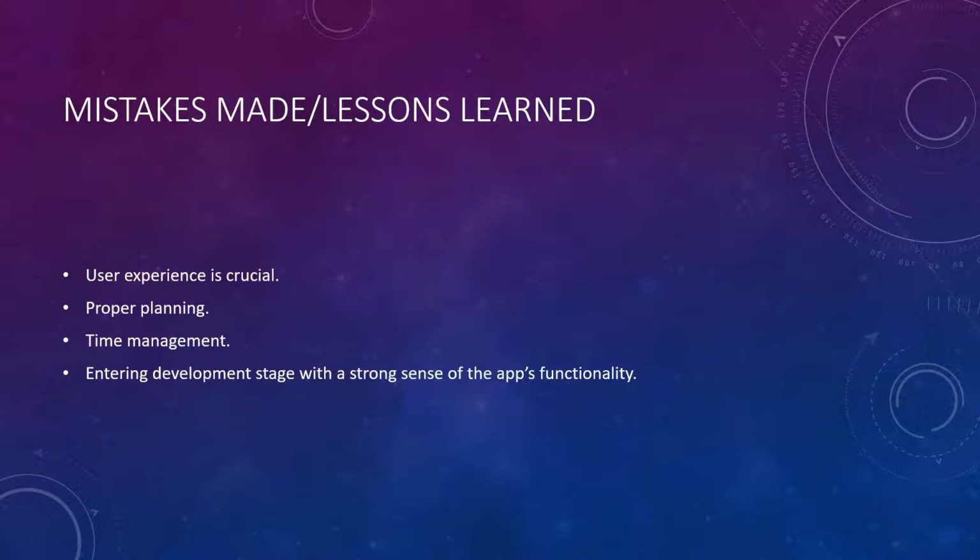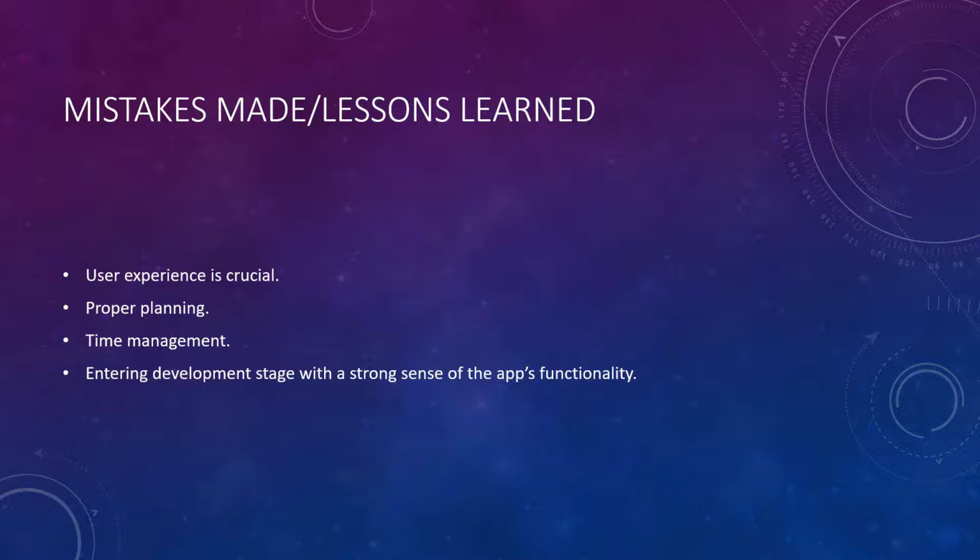So I think in the future, it would be best for me to write down exactly the requirements for the app and find out, at least in a rudimentary way, how I'm going to implement those requirements and provide that functionality, and really know what this app accomplishes and how it accomplishes the things it's supposed to do before I enter the development stage.